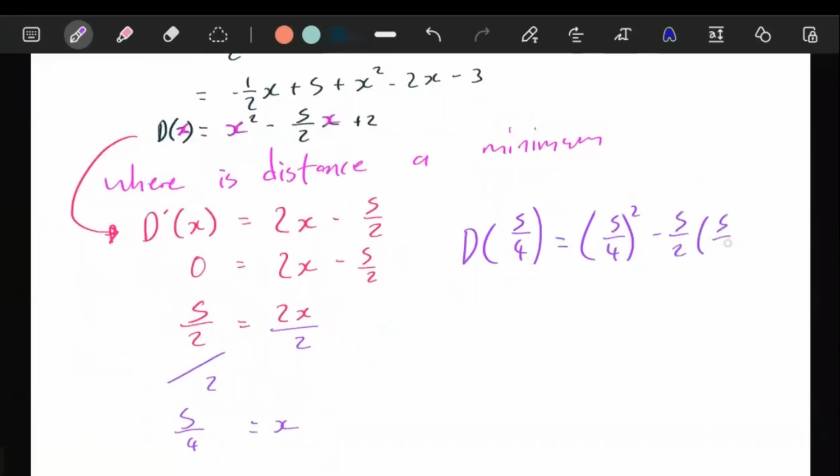So 5/4 and plus the 2 here. Let's put all that into the calculator. Squared minus the 5/2, the whole thing with 5/4 plus 2.